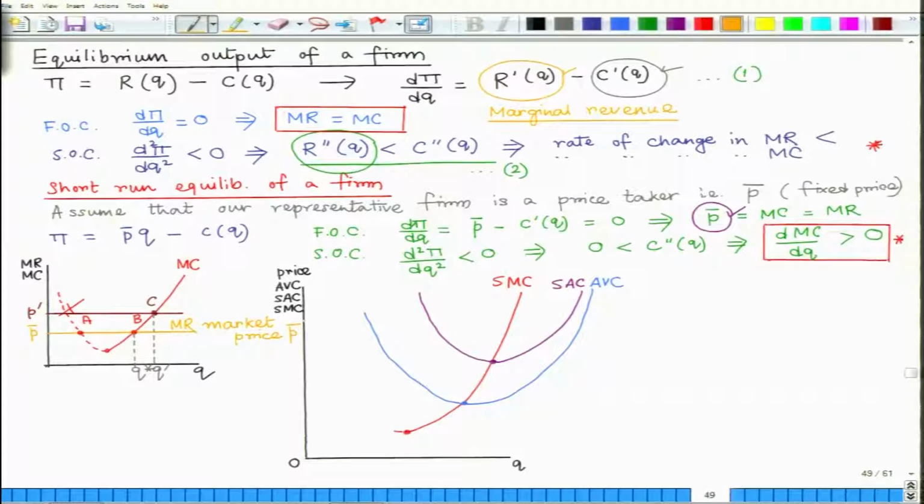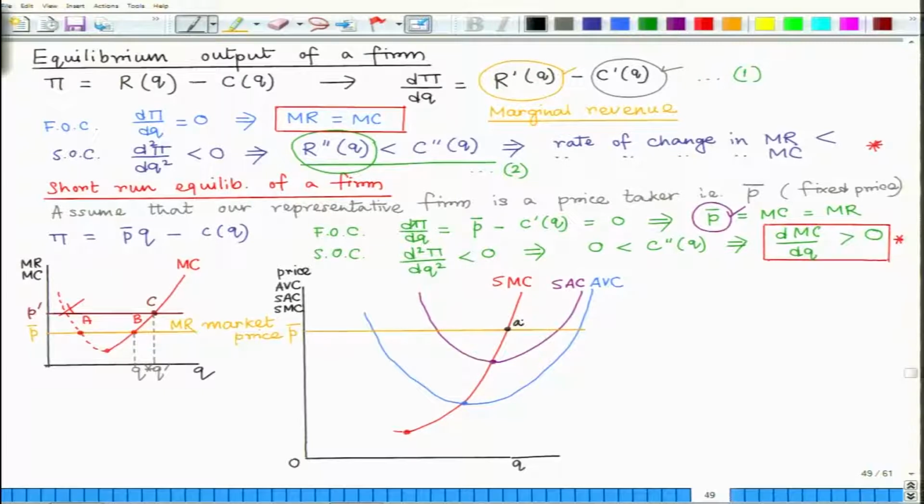Okay. So, if that is the case, then let me draw a line parallel to the quantity axis, and you can see that at this particular intersection point, say this is point A. Okay.